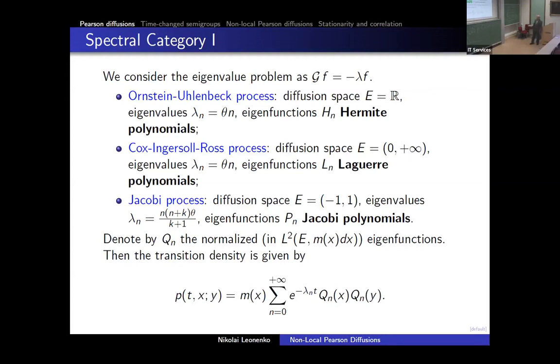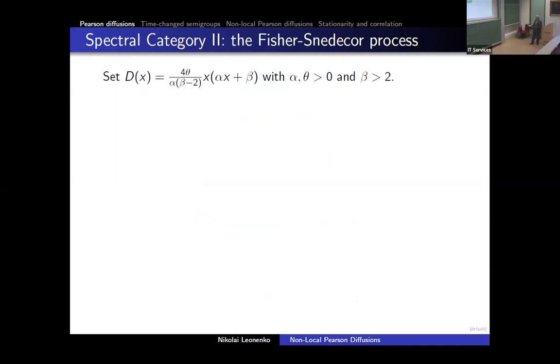Again, as Giacomo already explained, in a nonlocal sense, we would like to replace this exponent with something like the Mittag-Leffler function or even a more complicated function, which was already introduced, by the way, in the first talk. And these polynomials are simply either Hermite or Jacobi or Laguerre, in the case when we have spectral category 1, just an infinite number of eigenvalues. Okay, spectral category 2.